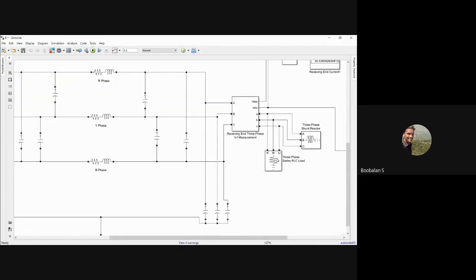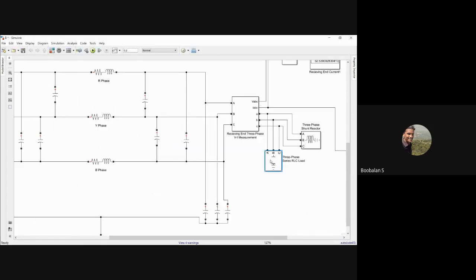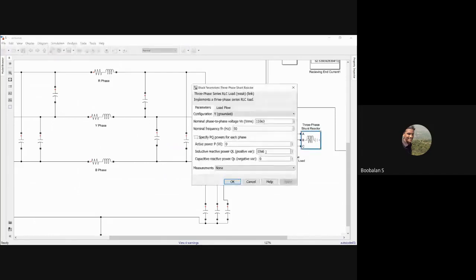If I remove this active power, meaning zero watts, there is no load connected. In such a case, my receiving end voltage will definitely be much higher, due to the Ferranti effect, right? Anyway, I'm going to remove this reactive power also. These are things we have already seen, right?